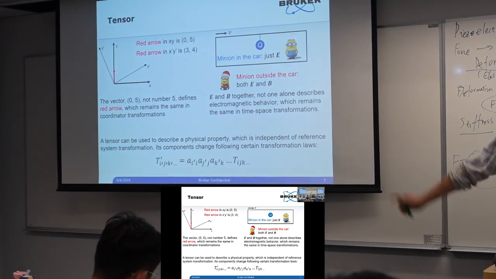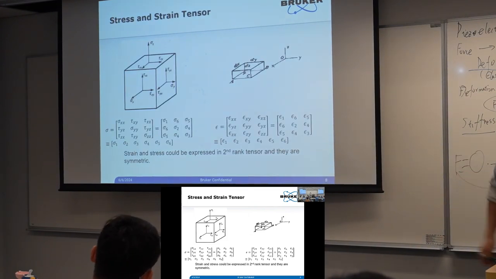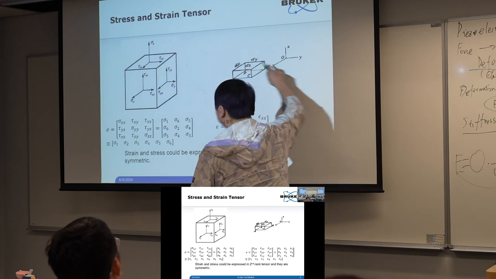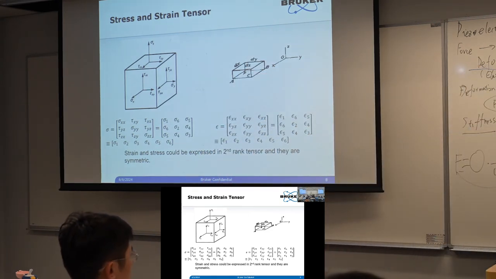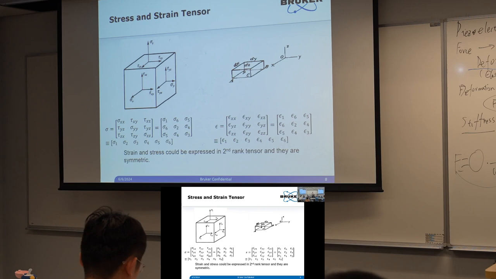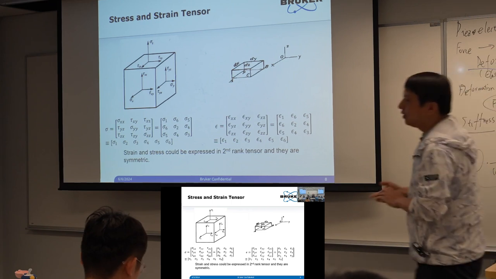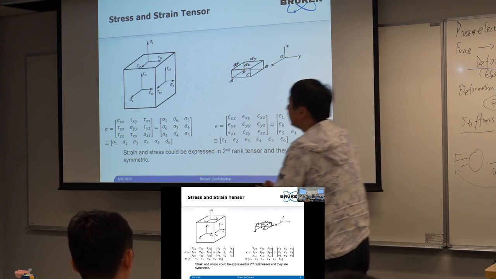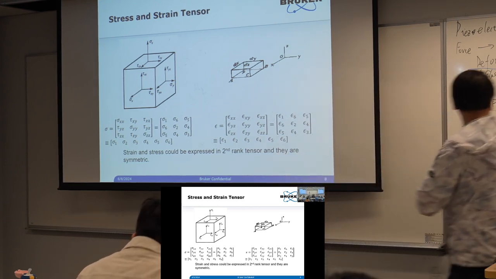So with this, we would know how we can describe the stress and the strain and our piezoelectricity coefficient. Okay, so the first tensor we will just go through briefly is the stress and the strain tensor.